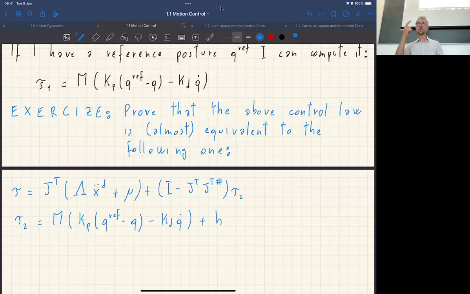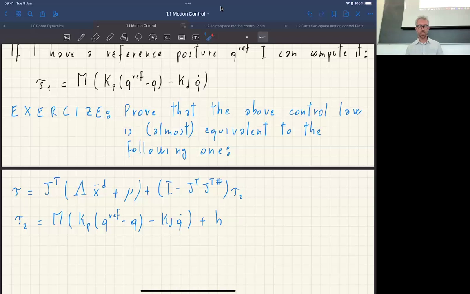So if you use the standard, the complete control law for operational space, you need to add the compensation in joint space of the bias forces. And this should be equivalent to what we have above. It takes a bit of linear algebra to prove this.